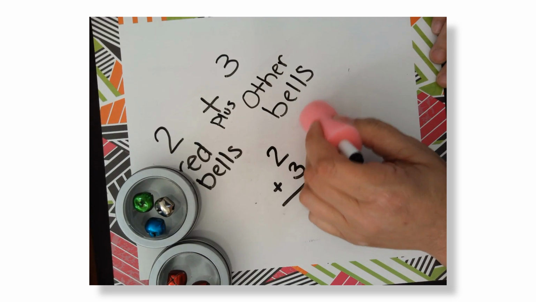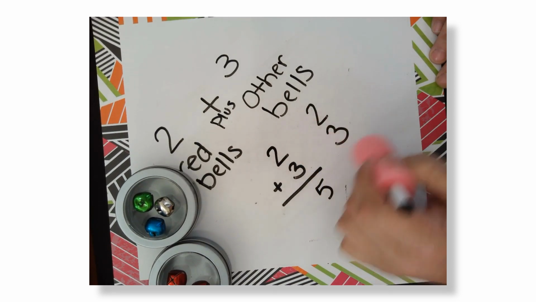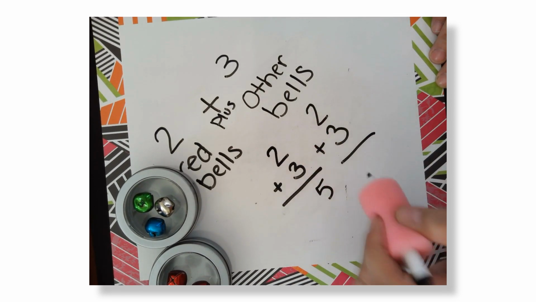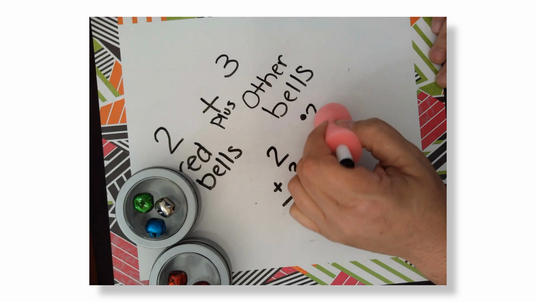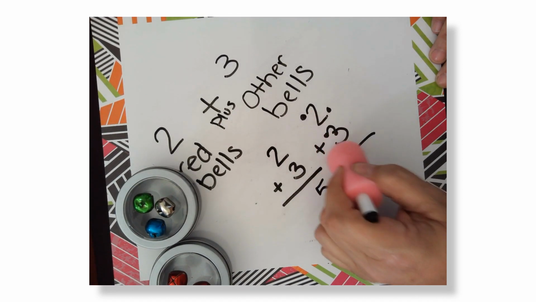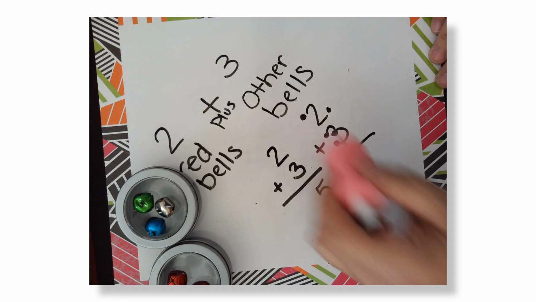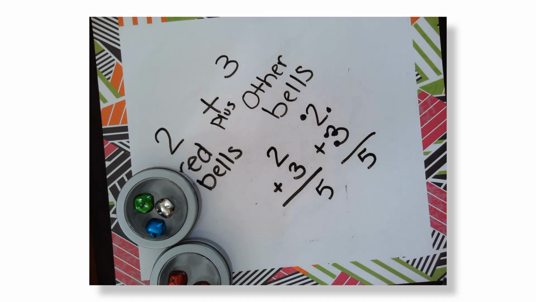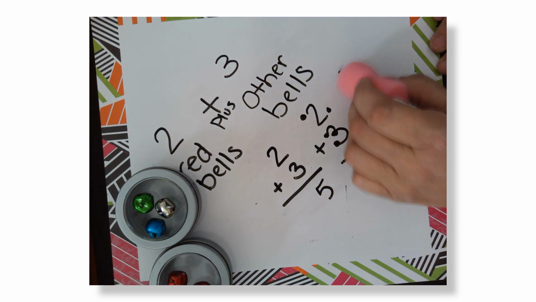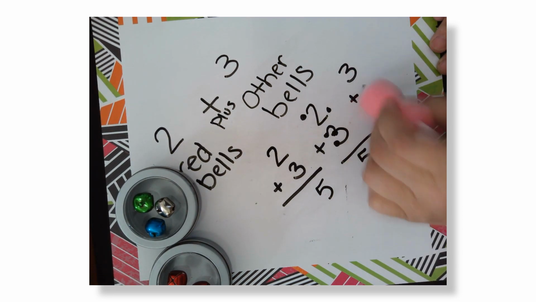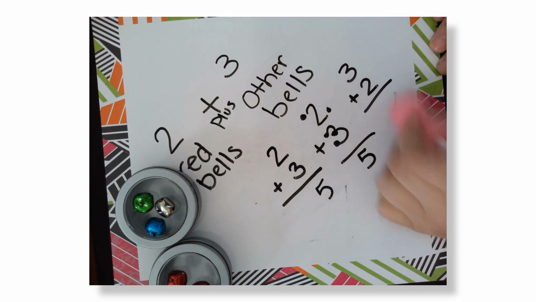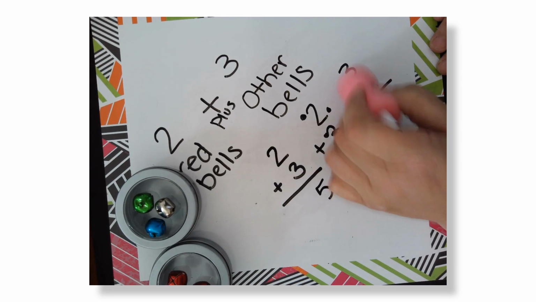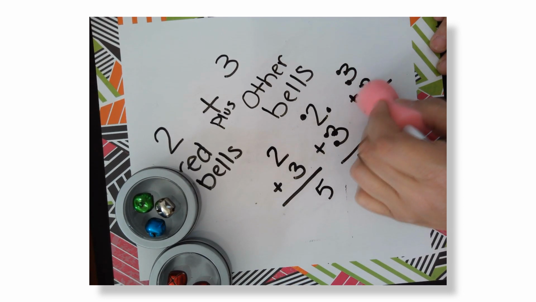I might even do math this way. 1, 2, 1, 2, 3, give them the dots. And then they can count up the dots and have it come to 5. Then I might show them that 3 plus 2 equals 5, right? And still do the dots.